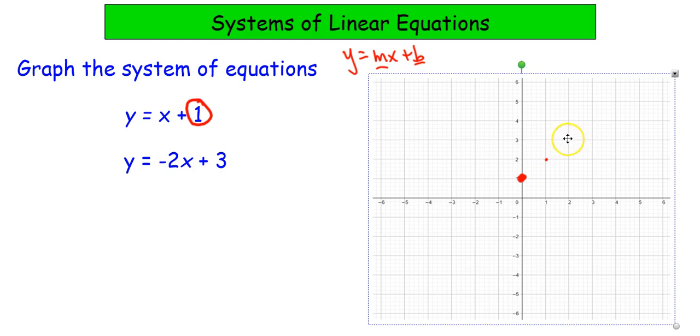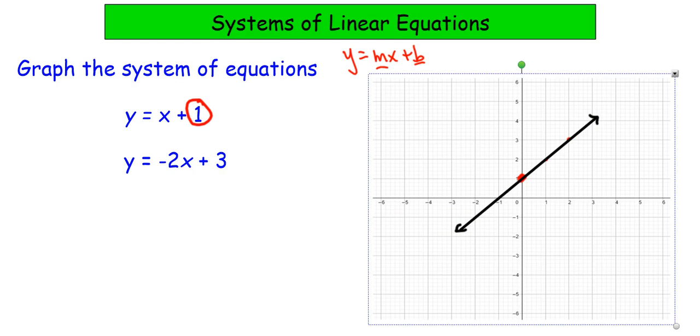There's another point, up 1 and over 1, another point, and I can now plot my line accordingly. My line's going to look something like that. We know it extends in each direction infinitely. So there's my first line.